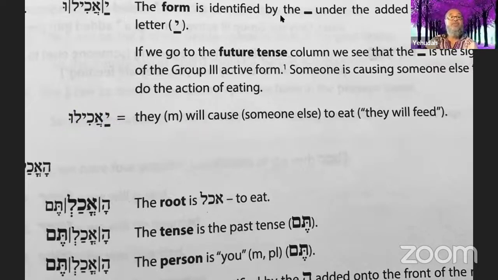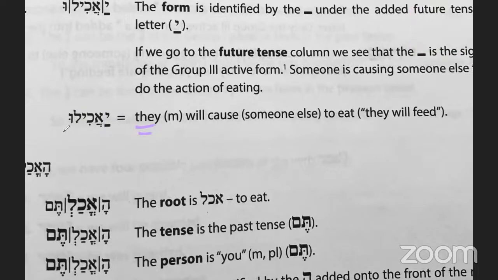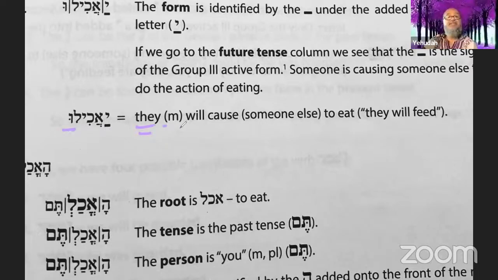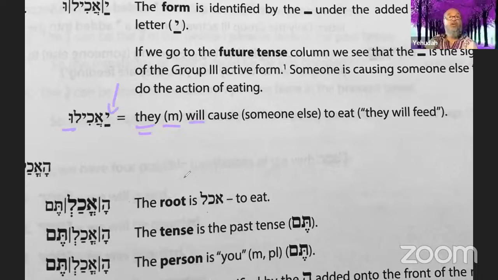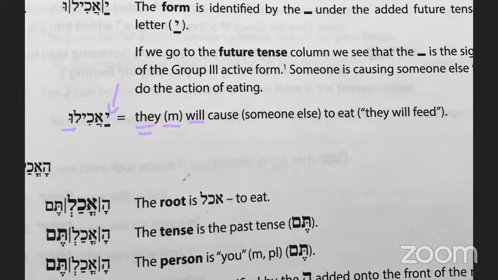So question for you right quick. What letter tells us that is they? What tells us that is masculine? Yod. What tells us will? Yod.